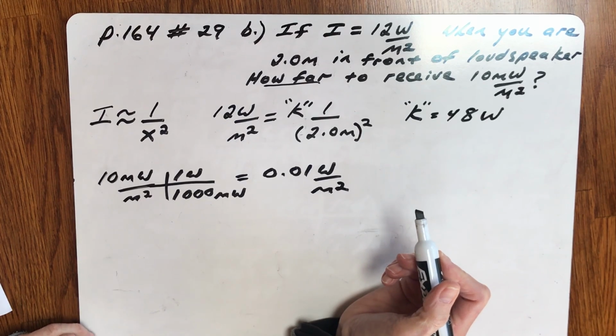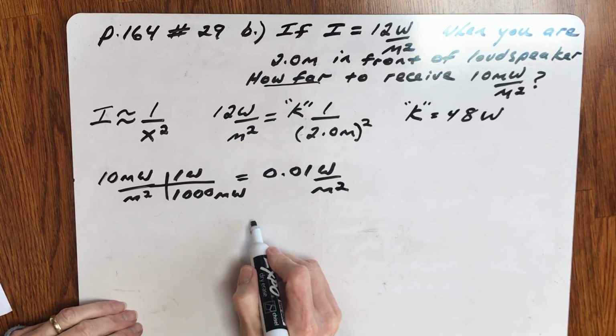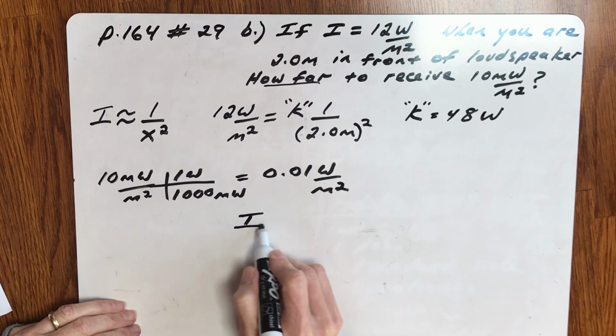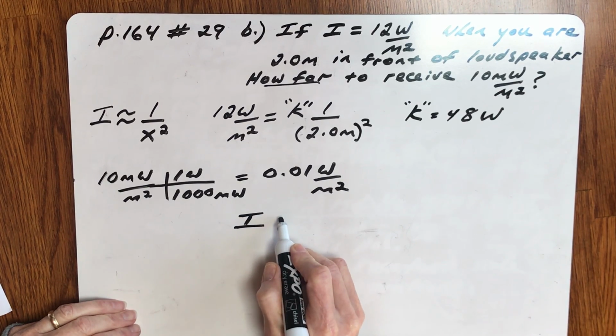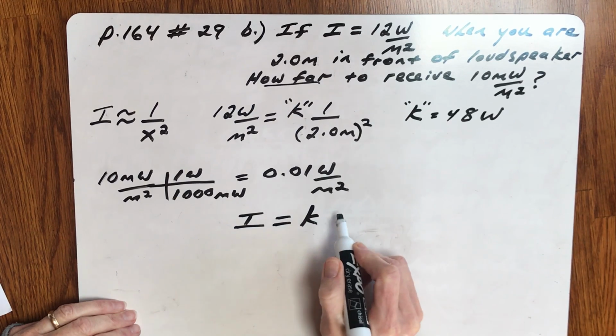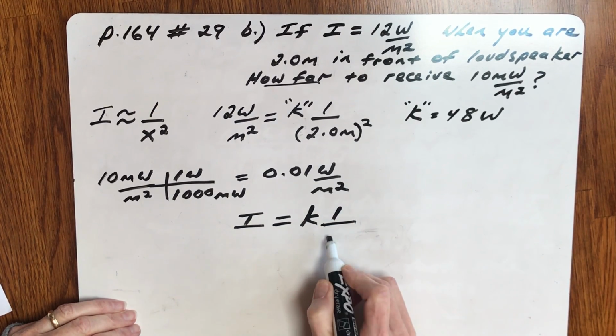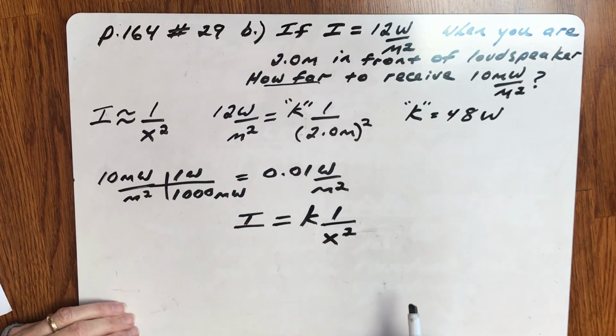Okay, so then I'm going to go back to my equation, which is intensity is equal to that proportionality constant K over x squared.